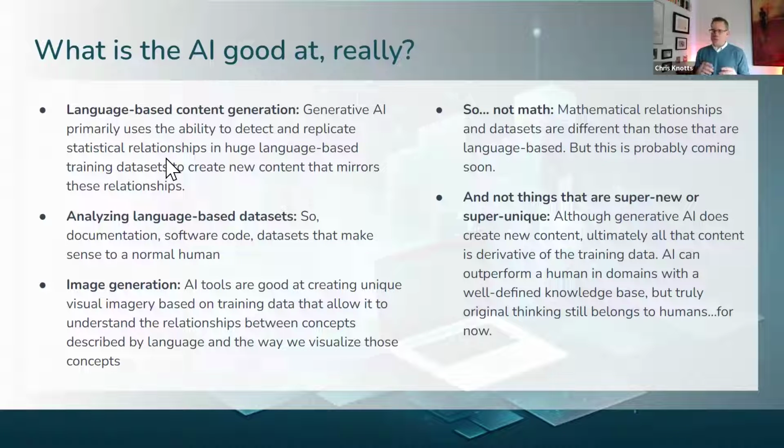And many little parameters can analyze statistical relationships in the way that language works. And when you do this across a large enough data set, the learning model is able to identify the way those statistical relationships work.